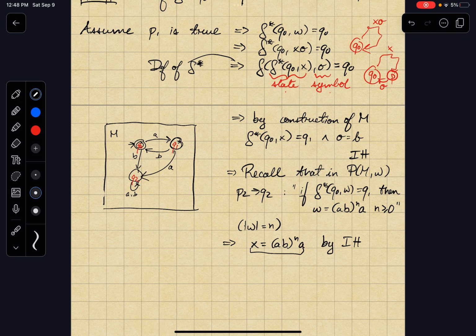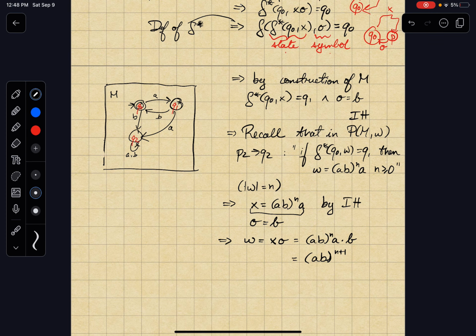And I also know that sigma is B. And so then if I put these two things together, remember I assumed that W was X sigma. And so that means that W is ABNA concat B. Or in other words, that means that W is ABN plus 1.